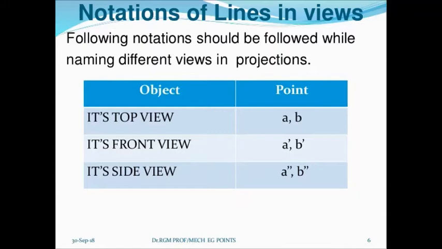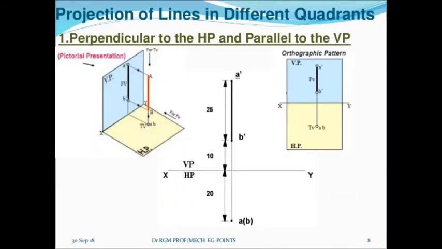If it is the front view, it is marked with the alphabet with a dash, that means A dash, B dash. Or in the side view, we use another type of notation, that is the alphabet with a double dash, A double dash, B double dash.